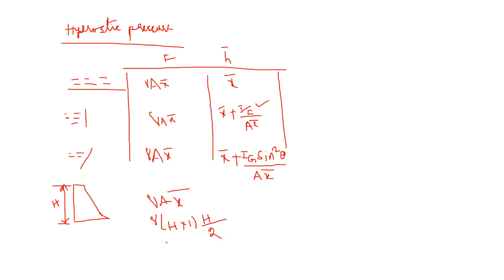Then finally you will get gamma into h square divided by 2. If you find out the h bar, it will become 2h by 3, directly 2h by 3.